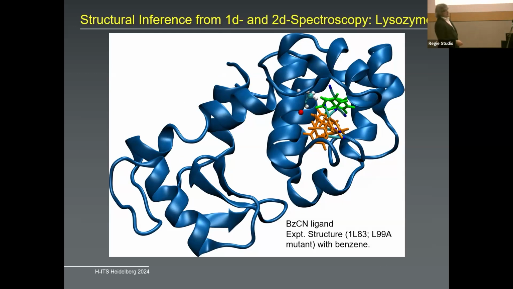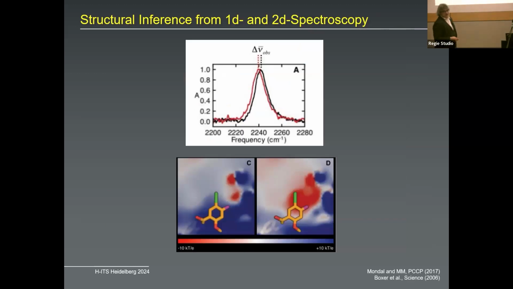There is a reference structure in the PDB for a mutant with benzene, and so we simply replaced the benzene by cyanobenzene. And then we ran simulations, and the background is this paper here in Science from Steve Boxer, where he showed more in a pictorial way what he thinks can be done or what one should find.